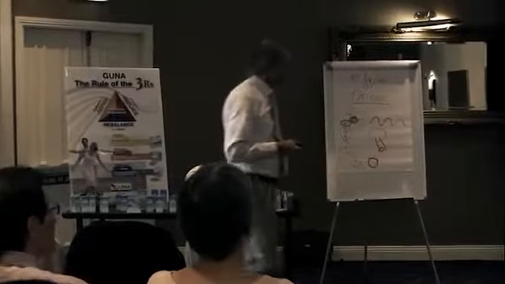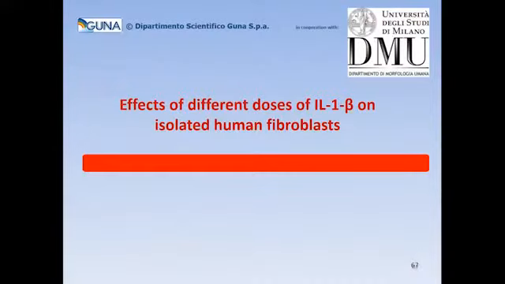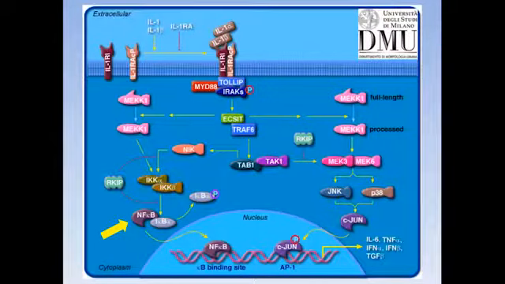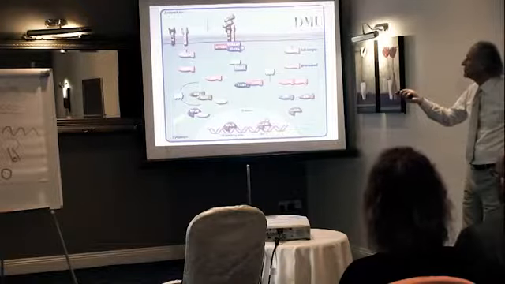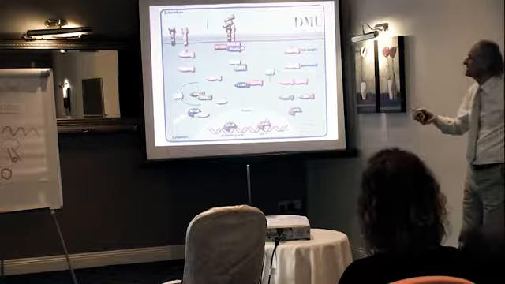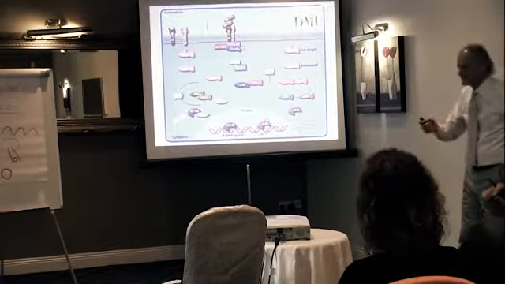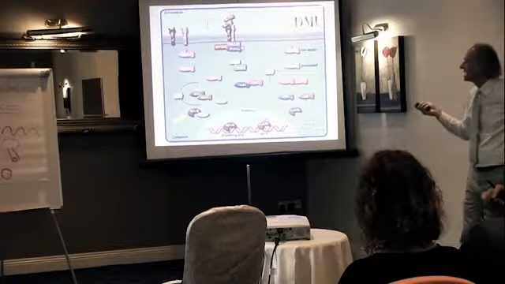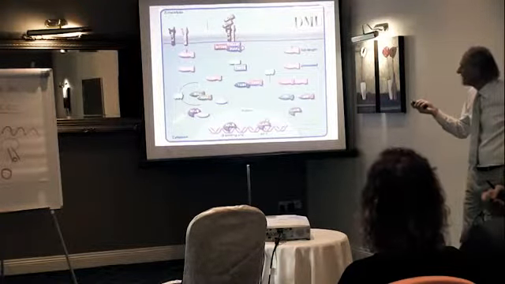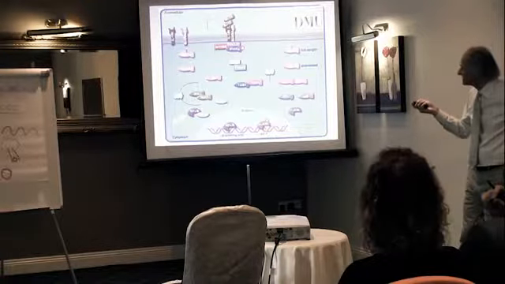This is a study with the University of Milan, effects of different doses of interleukin-1 beta on isolated human fibroblasts. It is a little complicated, but I try to make it very easy. Interleukin-1 is the trigger of inflammation. When you provide in culture interleukin-1 to fibroblasts, interleukin-1 binds its receptor.